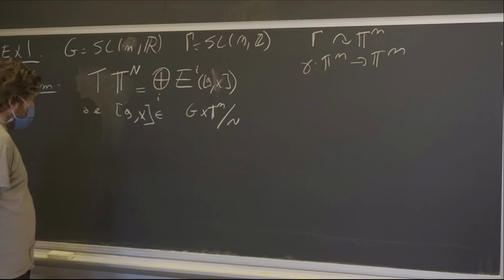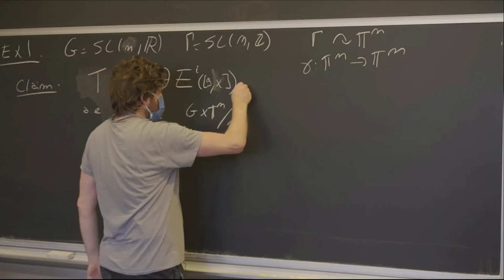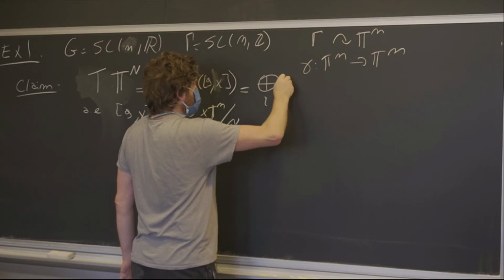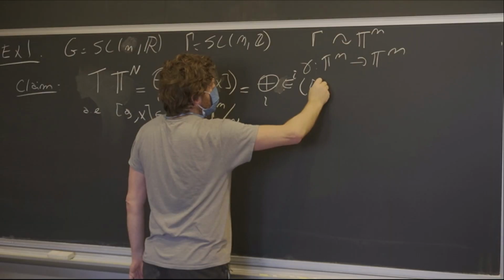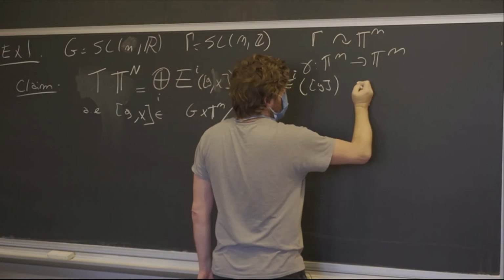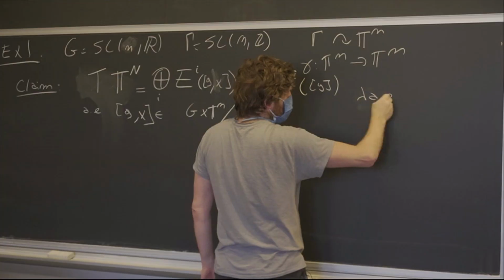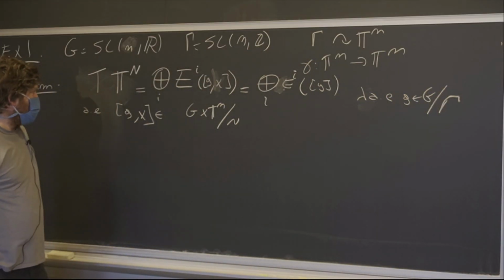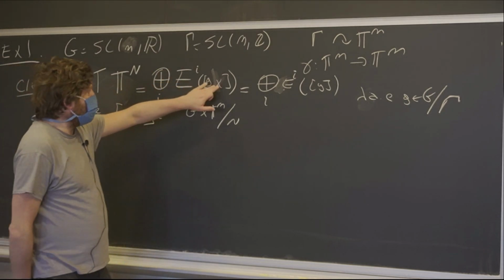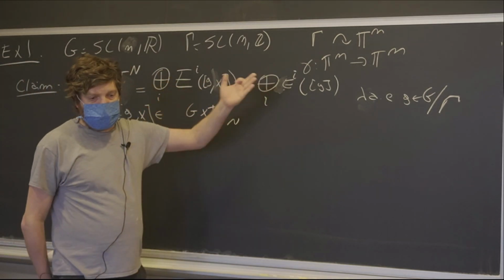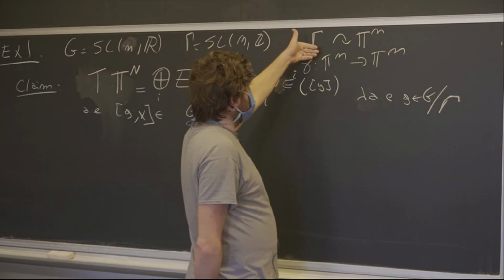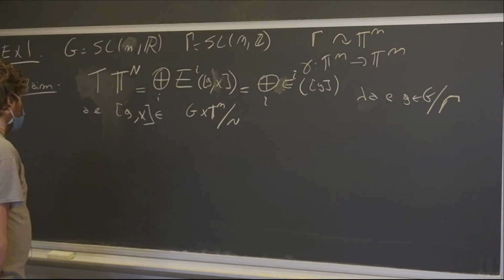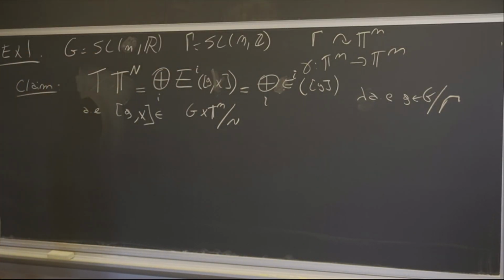But actually this is for lambda-almost every G in G mod gamma, because as we will see, the splitting does not depend on x, only on G. And this is because it's just some linear map, so there is no difference between what happens at one point and at another. That's why we don't really care about this.